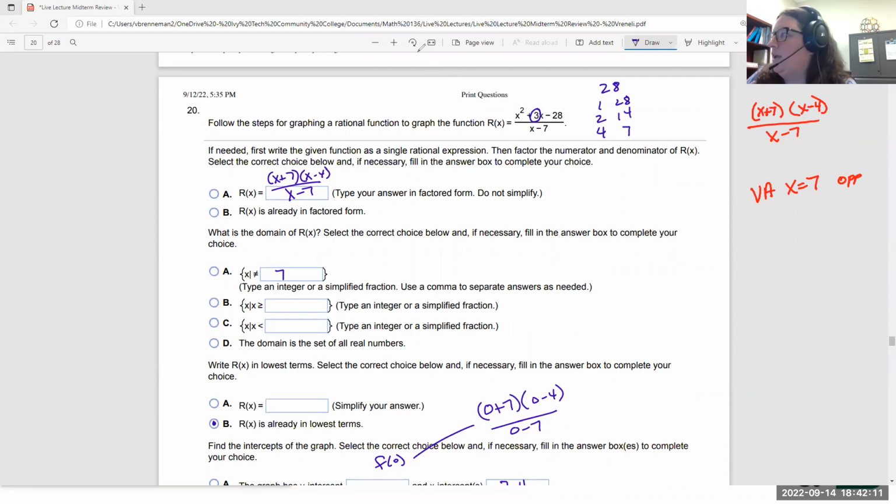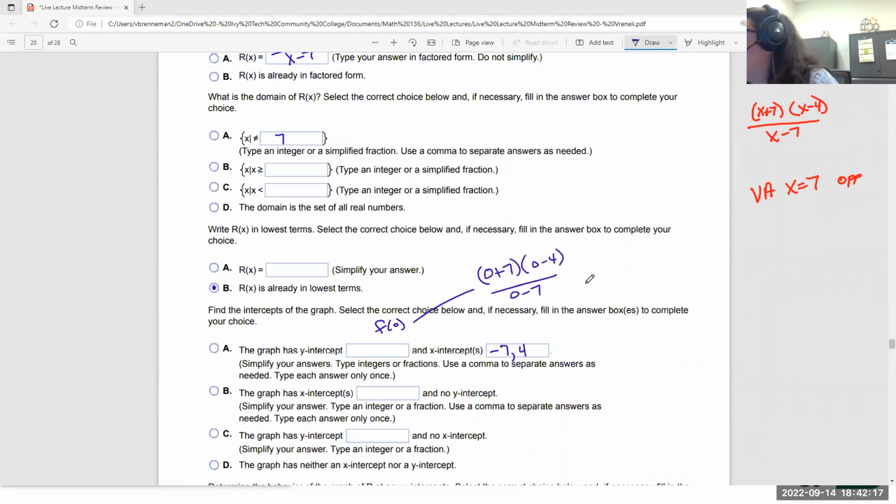So the -28 over the -7. So that comes out 4.